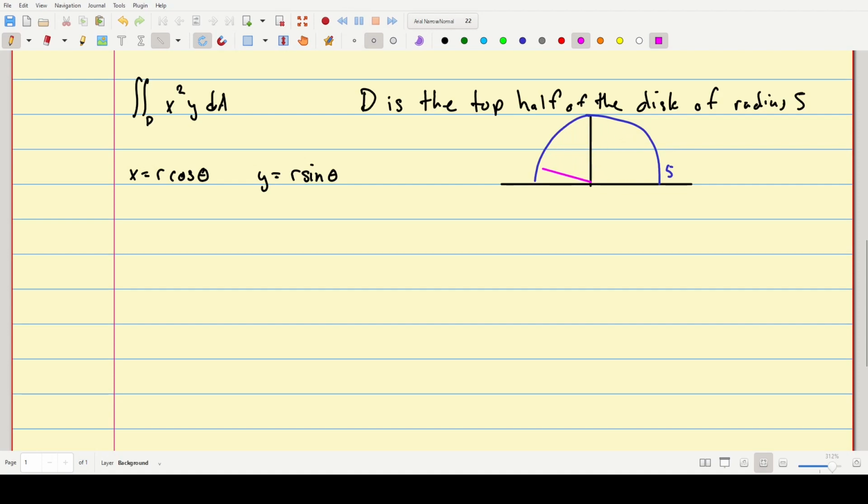Theta is the angle measure, starting at the positive x-axis and moving this way. So we want to set up our integral here. The first thing that we need to do is replace x and y with r cosine theta and r sine theta, respectively.